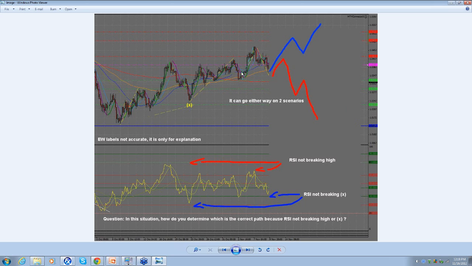You got to go with an extension here. In other words, A, B, C, W, X, A, B, and a C higher. The blue one for me is the right one, as long as this low is present there in the RSI. That was your question, right? That's what you're thinking?